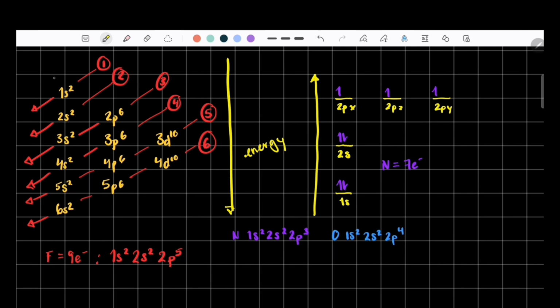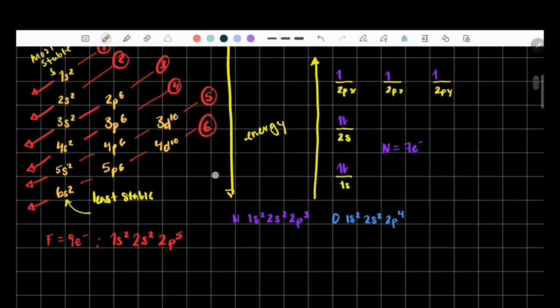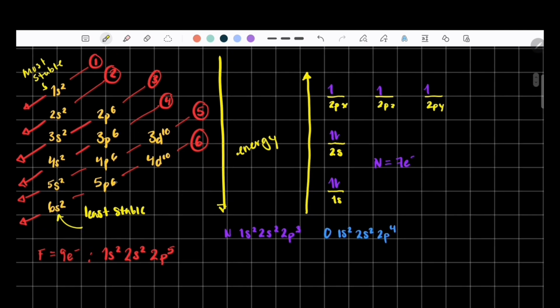So your energy, this is your most stable, right? Your 1s is the most stable. And down here, your 6s is going to be your least stable. And all of these in between, like this one is going to be your second least stable, your third least stable, your fourth least stable, going all the way up, okay?